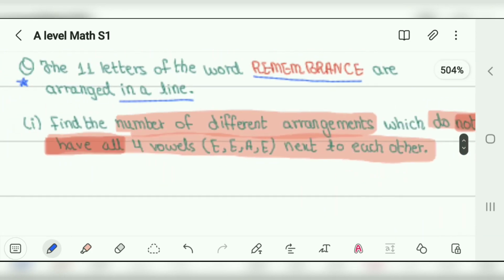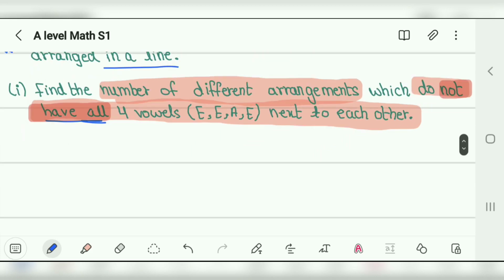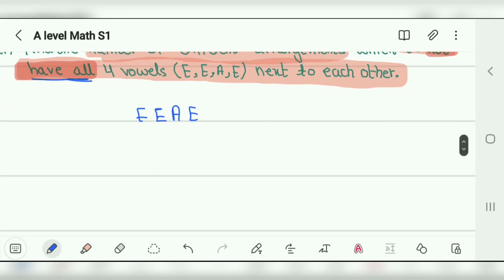So look at the words that it has given: which do not have all 4 vowels. It didn't say which do not have 4 vowels next to each other. It says which do not have all 4 vowels. So there is a difference. Since it's saying that it does not have all 4 vowels, it means that these 4 vowels must not all be next to each other. But it could be in this possible scenario that 2 vowels could be next to each other and the others are not, or they are all separate.